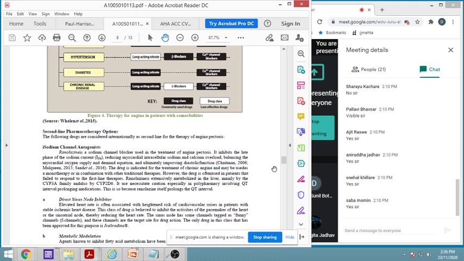It will balance the myocardial oxygen demand and supply, and then it will improve diastolic function. The drug is indicated for the treatment of chronic angina. It may be used as monotherapy or in combination with other traditional therapies. The drug is often used in patients who fail to respond to first-line therapy.